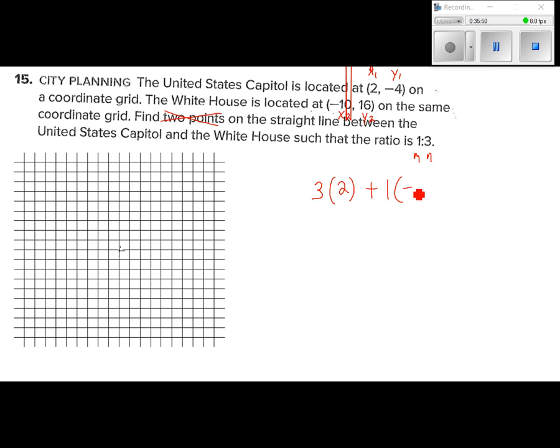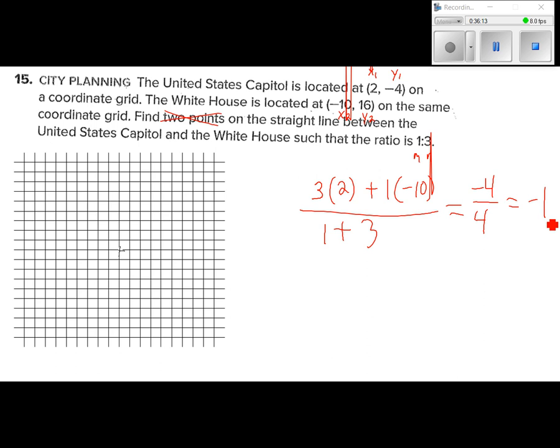Negative what? 10. All that, ignore that mark going up there, all that divided by 1 plus 3. I'll tell you, 4's on the bottom. What's on top? Negative what? Negative 4. What's negative 4 divided by 4? Negative 1. So that's our X coordinate.